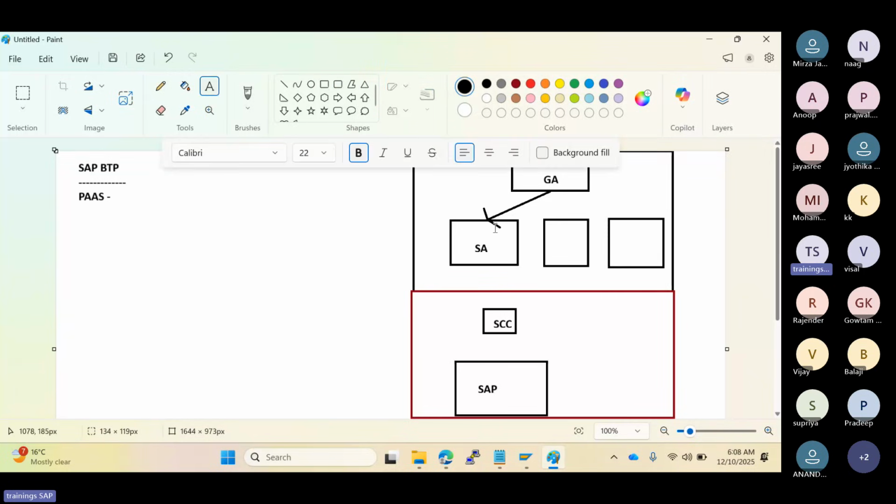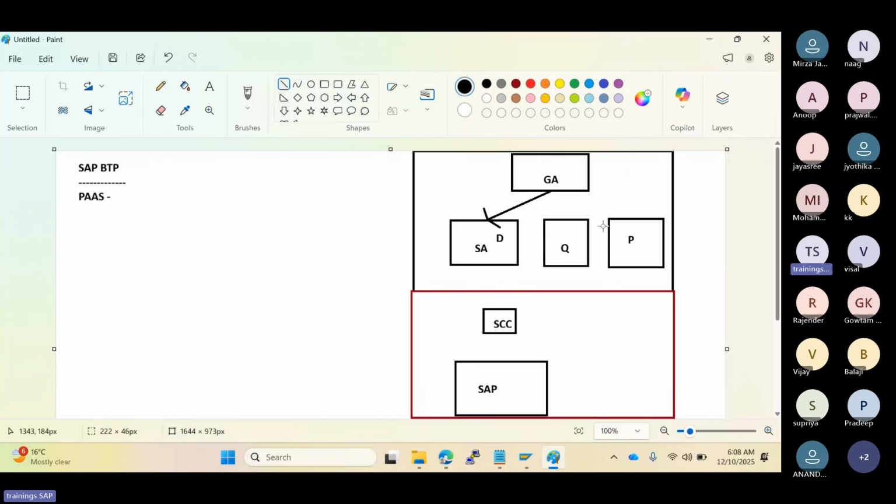For example, one is development, the second is quality, and the third is the production sub account, just as we have the on-premises landscape like dev, quality, production. Similarly, we can create multiple sub accounts. There are no limitations to creating sub accounts.